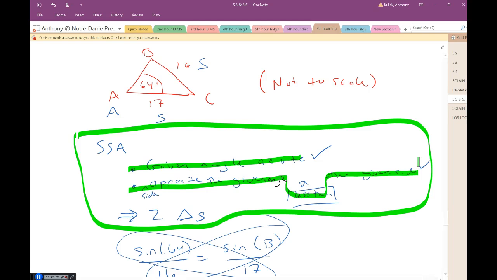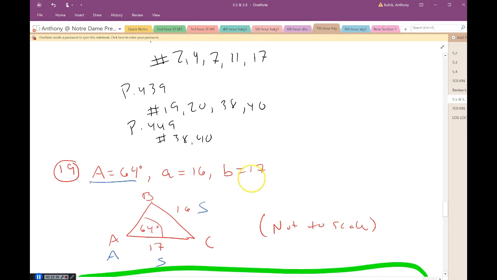I think they were, if I scroll up, these two, 19 and 20, right? Sure. Is that what we want to do next?